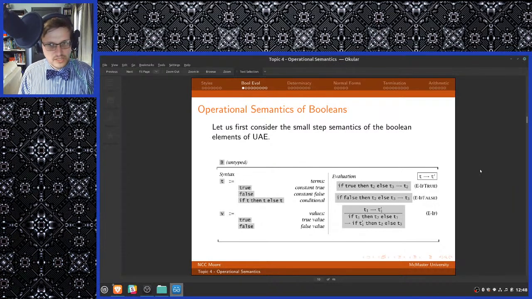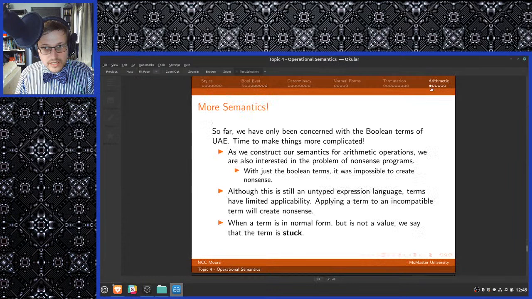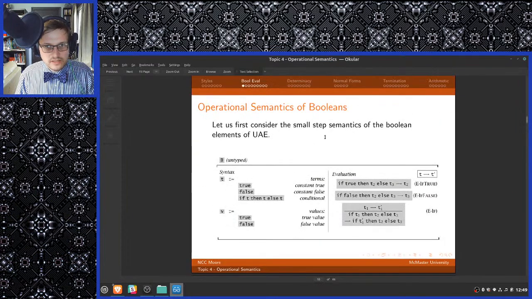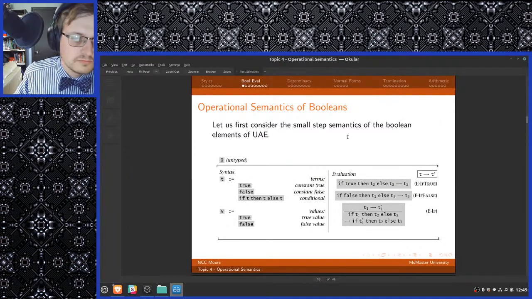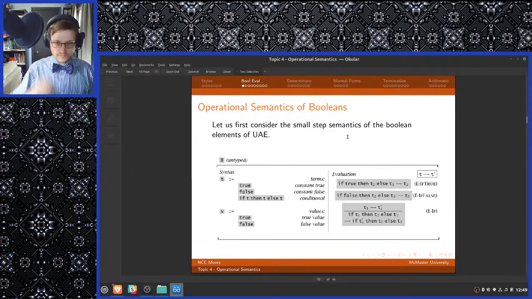You may have noticed with our untyped arithmetic expressions that half of it was dealing with Booleans and the other half of it was dealing with natural numbers. We're going to be dealing exclusively with Booleans until we hit arithmetic right at the end of this set of lecture slides. So, get used to this, basically.